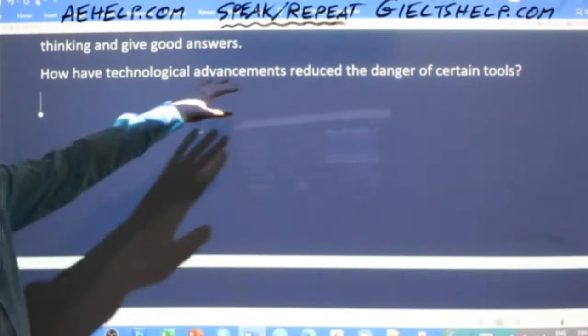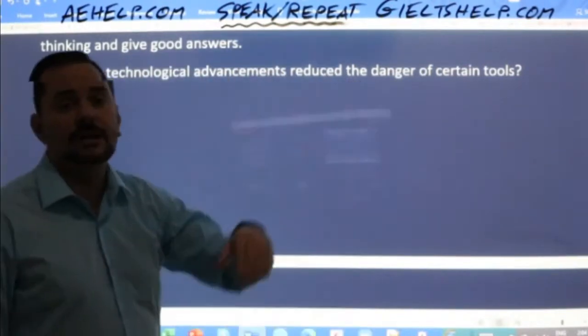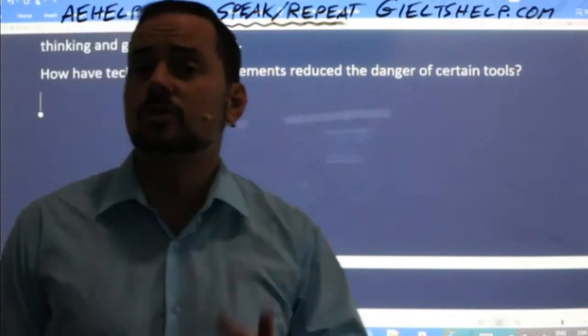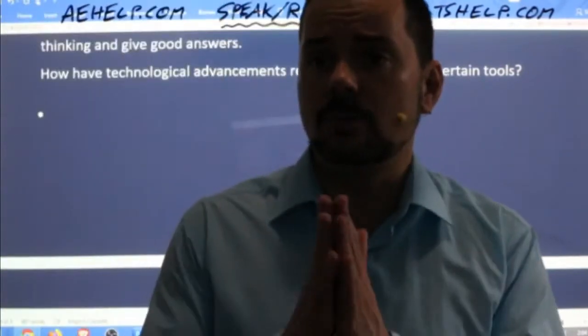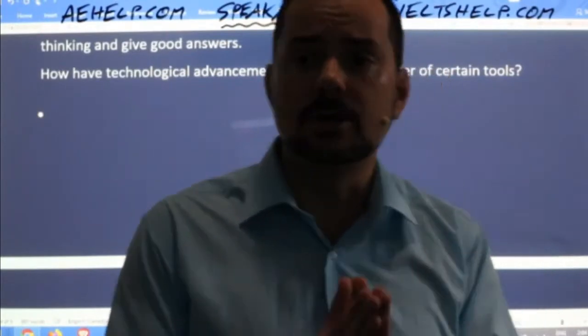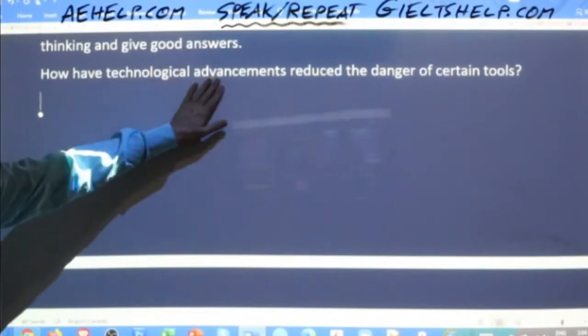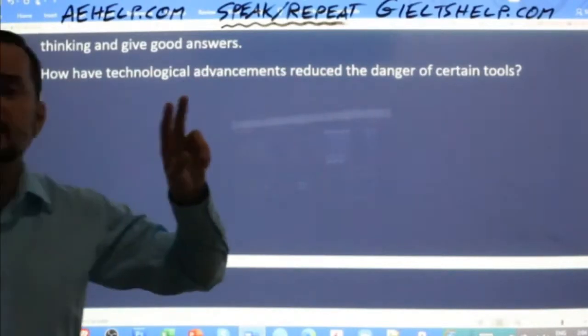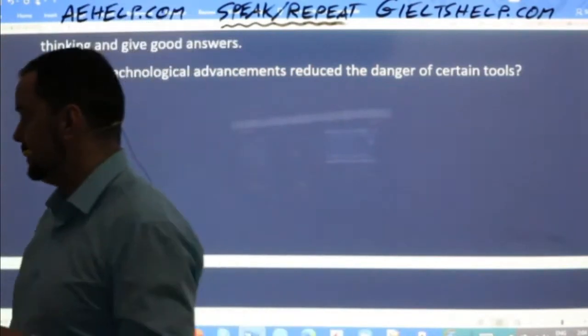Have reduced. Present perfect. Make sure to include present perfect at least twice in your answer, okay? So members, here when you're writing your answer, focus on including the present perfect in your answer 2 times, if possible even 3 times, okay?